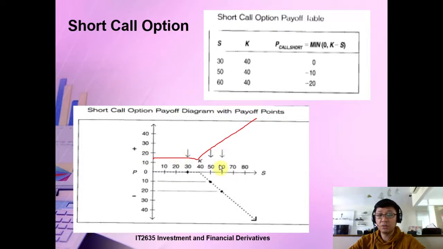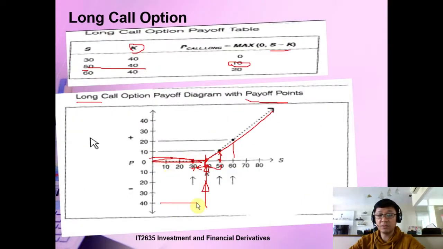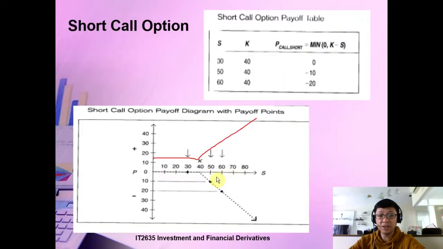Whatever payoff, $10 from here, $20 from 60, you get this $10 and $20, and that's how you get the mirror image. The long call's second party, the selling party, will be the short call. So that's why you get this graph that goes the other way. It looks like a mirror image. That's how you get the other chart.